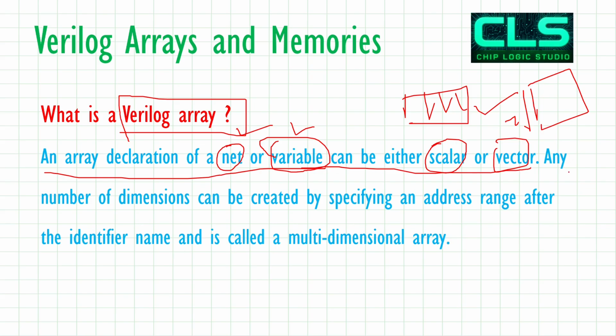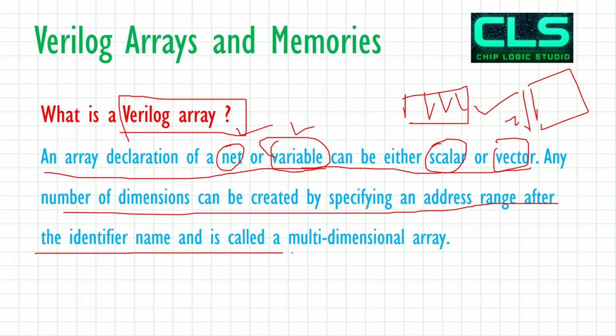Now, any number of dimensions can be created by specifying an address range after an identifier name, which is called a multidimensional array. For example, if you are creating memory, because mostly you will be creating memory. In industry, you will create a memory, or someone has created a memory and you will check it.